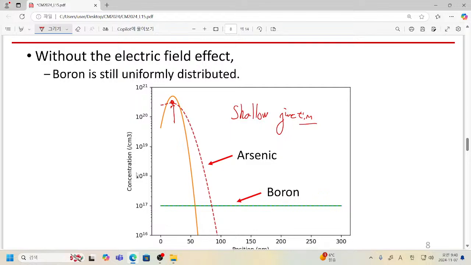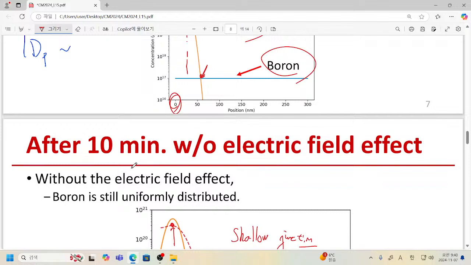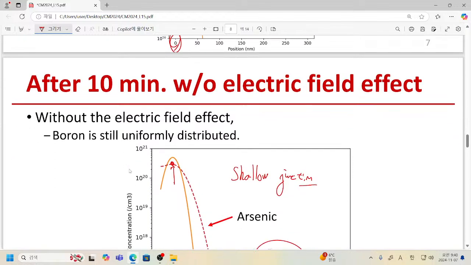Then maybe you feel a little bit strange. In the case of boron, there is no change at all. It is still 10 to the 17 per cubic centimeter. Why do we have no change in our boron concentration? It is obvious because boron initially was uniformly distributed, and this is the final solution of a diffusion simulation.